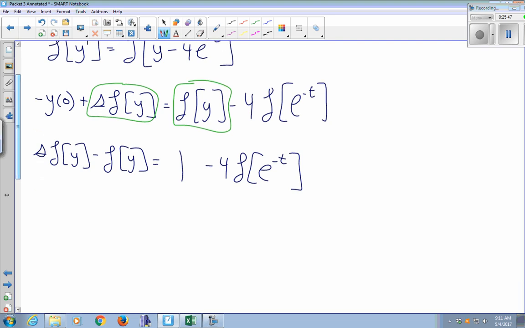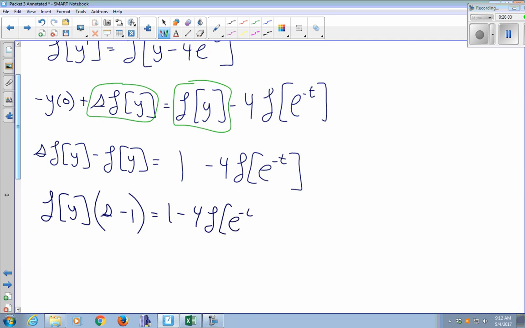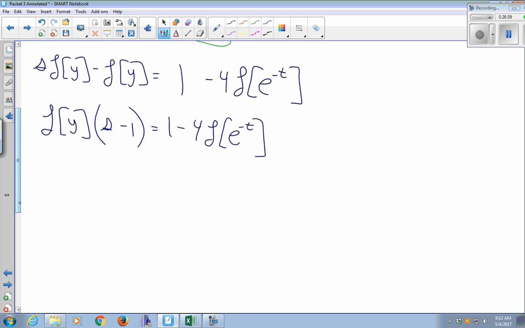All right, on the left side, both of these terms that I collected over here have a Laplace of y in it. I'm going to factor out the Laplace of y. I have s minus 1. All right, the Laplace of e to the negative t, I know. I can actually do that.